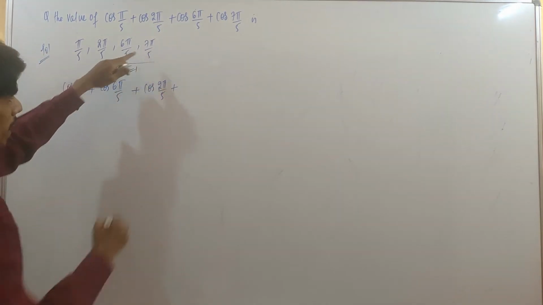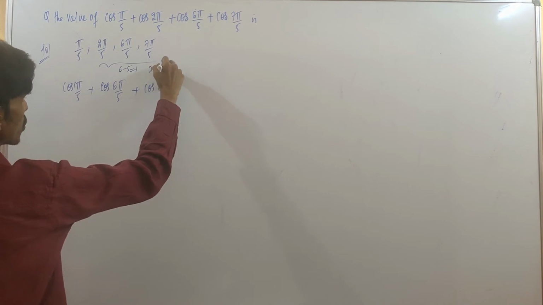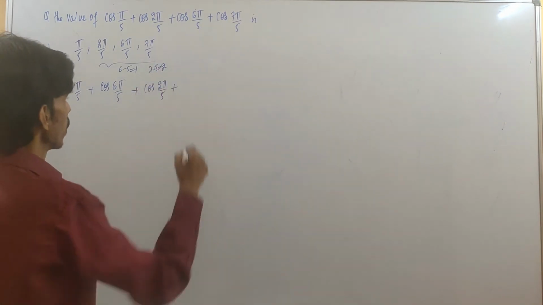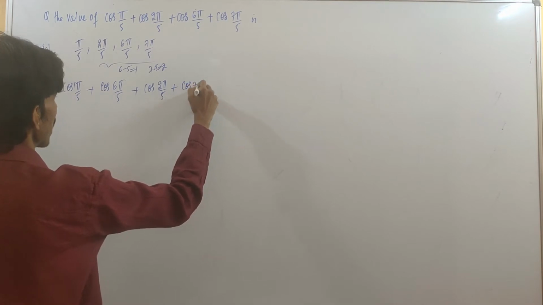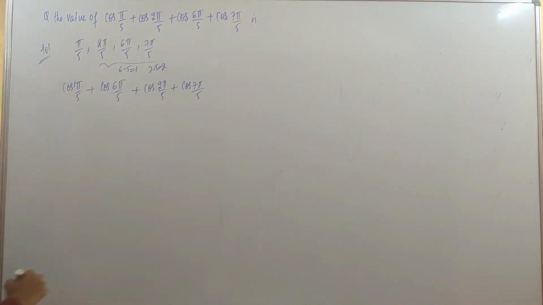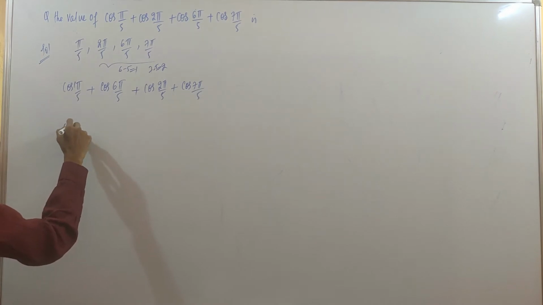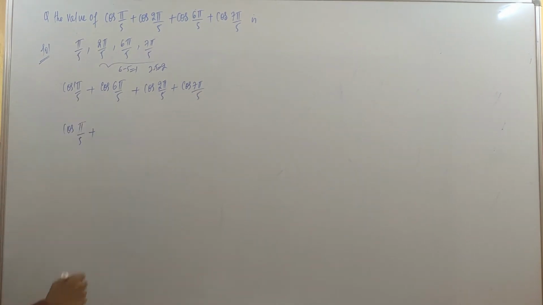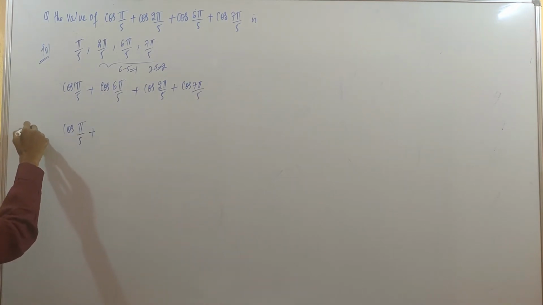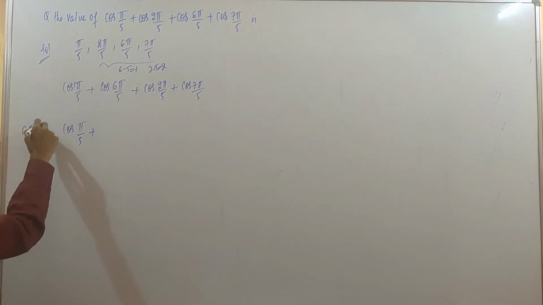Now 7 minus 5, how much? 7 minus 5 is 2. So this will be here cos 7 pi by 5. This can be written as cos pi by 5 plus here we have 6 minus 5. 6 minus 5 value is 1.